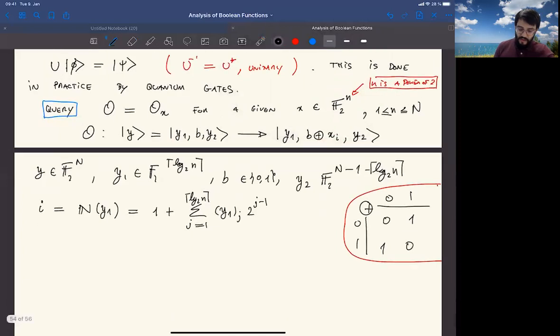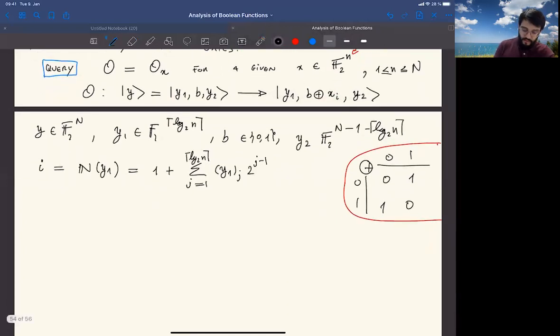And now we can describe a quantum decision tree. Well, in general, it's a quantum algorithm.